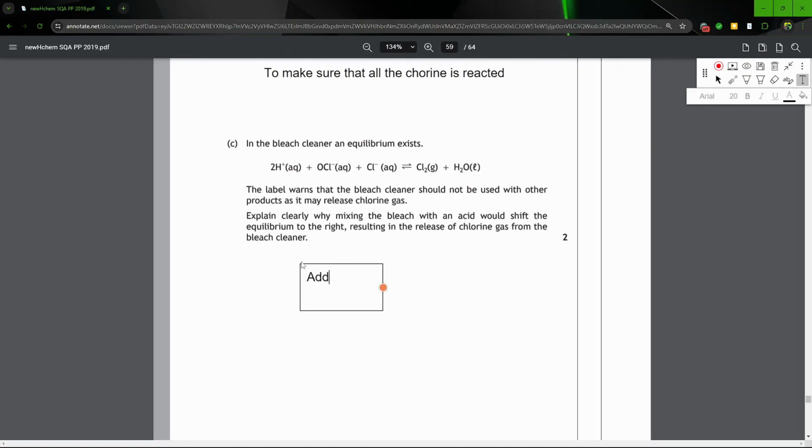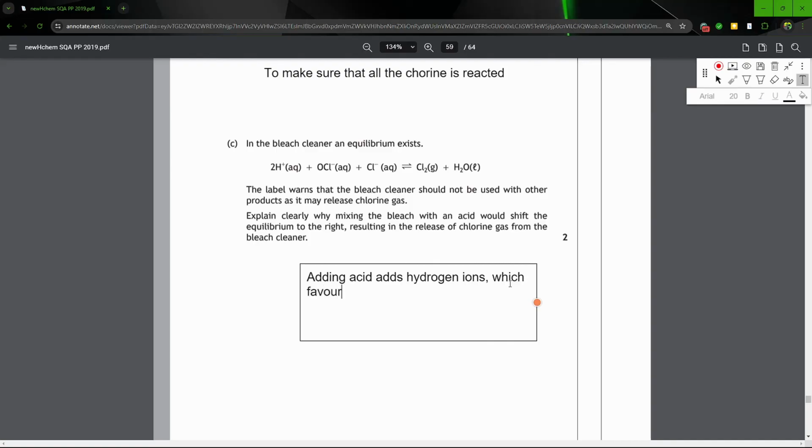Adding acid adds hydrogen ions, which favors the forward reaction, increasing its rate. So chlorine gas is produced.